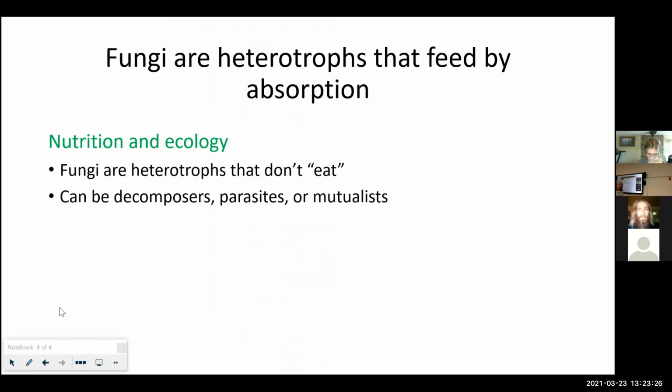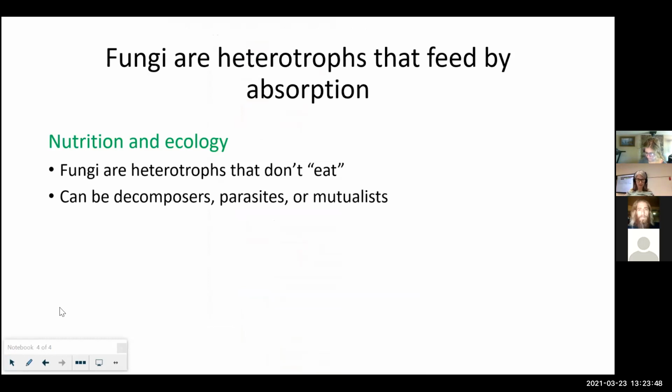If I were to characterize a fungus using biology words, they are heterotrophs that feed by absorption. That would be a good way to describe them.